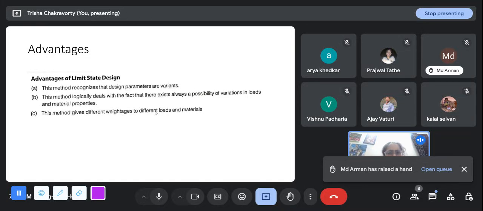Dead load, we can predict better than live load, at least because it is self weight and floor finish which we can pre-calculate. But live load is something that, like the vehicular load on a bridge, you have assumed a certain live load, but there can be an extreme traffic situation someday that too many trucks are passing on the bridge at the same time or standing on the bridge at the same time. So we have to allow for some variations that is possible.